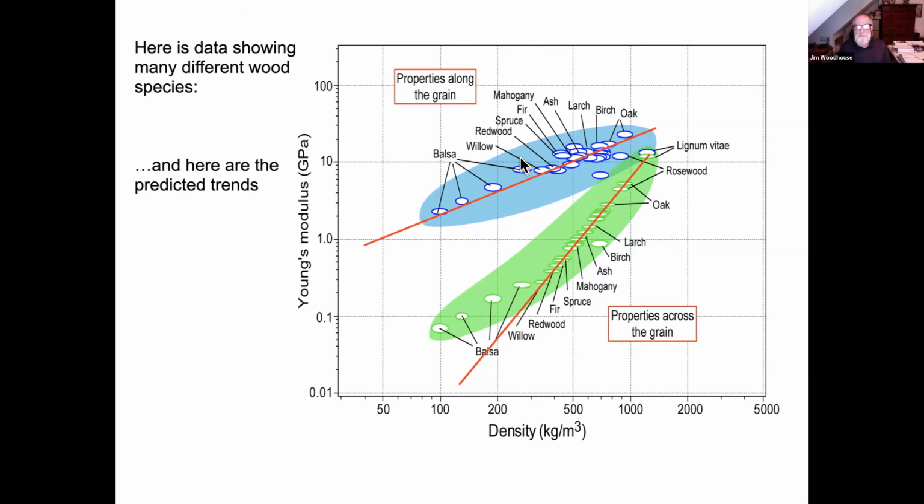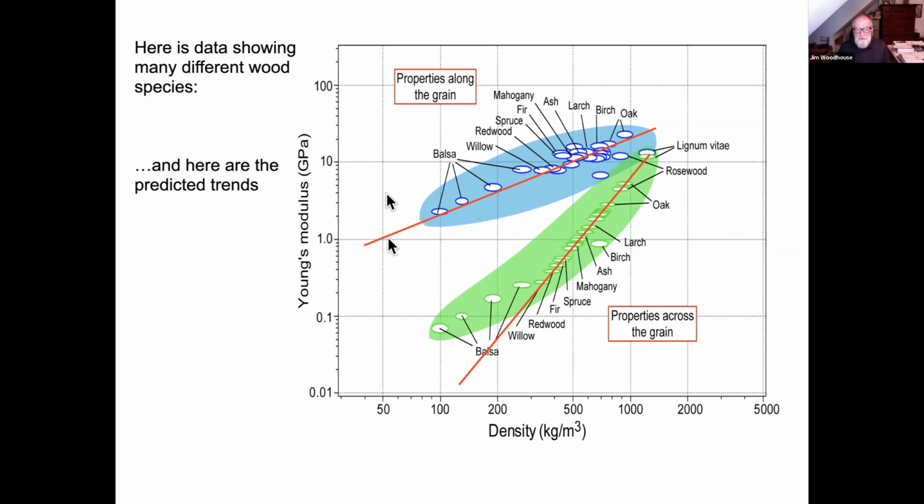We predicted that the long grain stiffness should, broadly speaking, be proportional to density, which means that on this log-log plot, they should all lie along a straight line with a slope of 1. And if you count squares here, this red line goes through 50 at a modulus of 1.